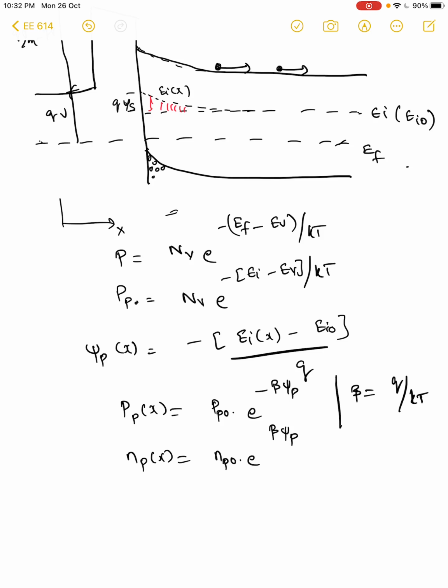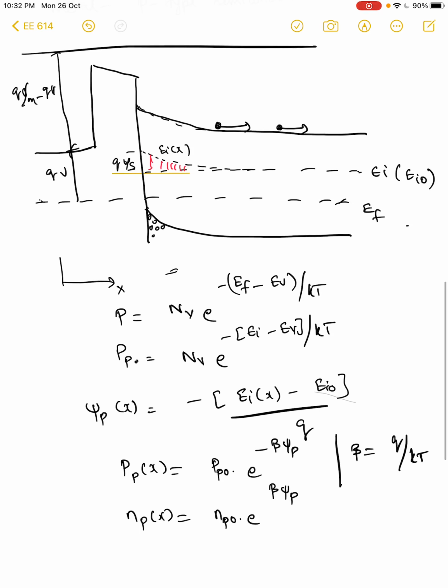So basically there are two things which need to be accounted for here, right? One is the actual separation of the Fermi level from the intrinsic level, which is what we call psi bp, and the separation of the intrinsic energy level from the infinity value, which is q psi s. So these are the two things that we will compare later on. I just bring to your notice here because this psi bp tells you the actual density of carriers.